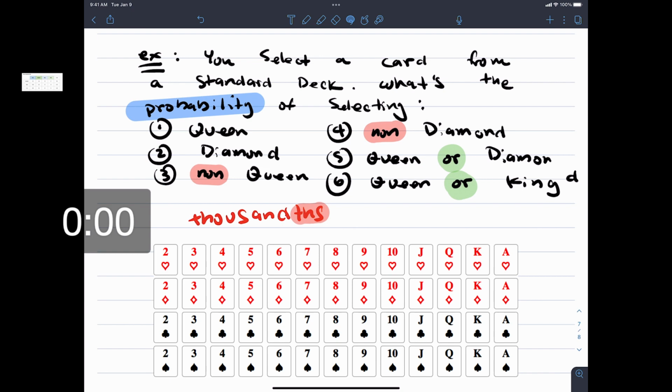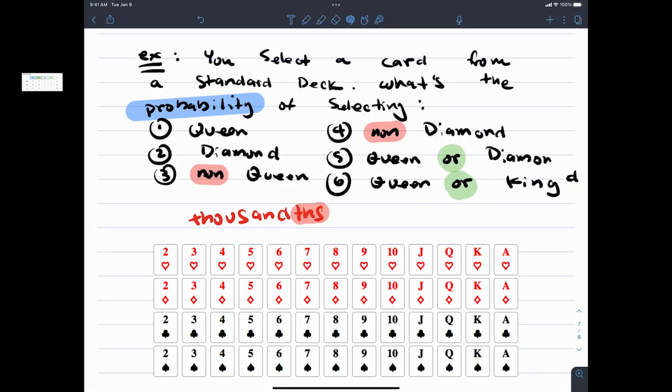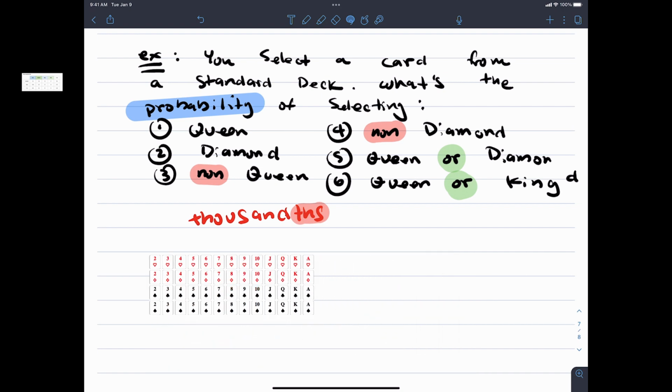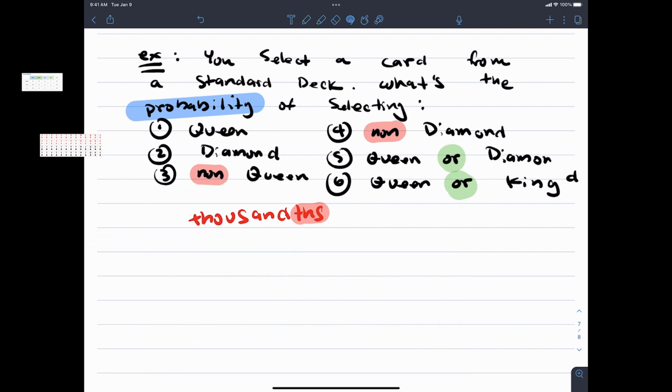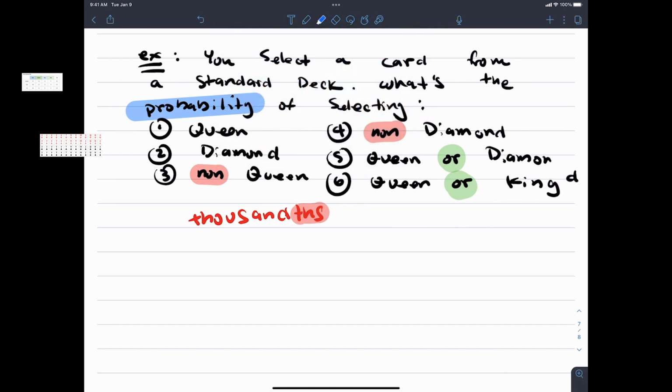Okay, ladies and gentlemen. Okay. So, let's see what we get doing this together here. So, question number 1. Again, we know these are probability questions because they say probability.